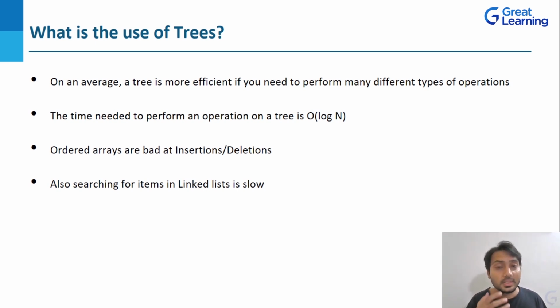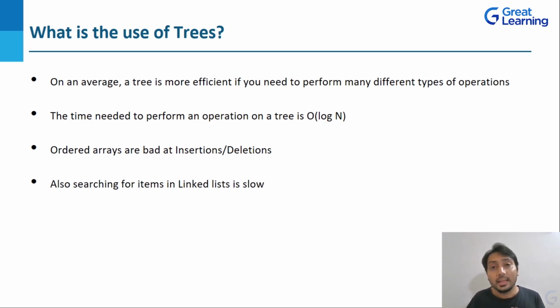Also, when you use a tree as a solution for your application or a program, the time required to perform any operation on a tree is O(log n), which is great when you compare it with other linear data structures. Now, when you consider an array or an ordered array, those are considered very bad when you want to perform operations such as insertions or deletions. Why?